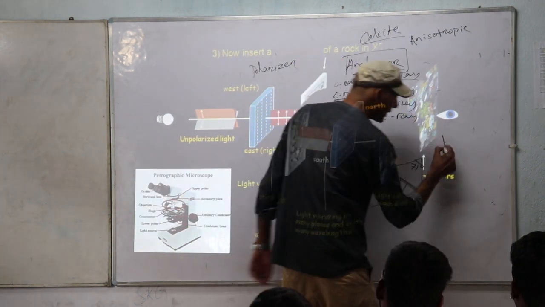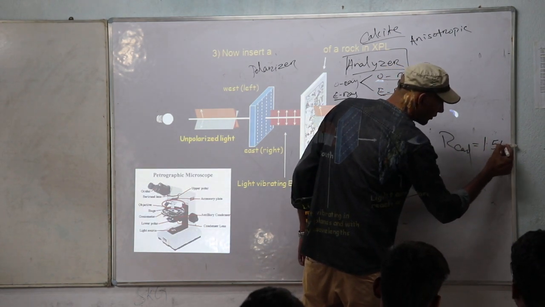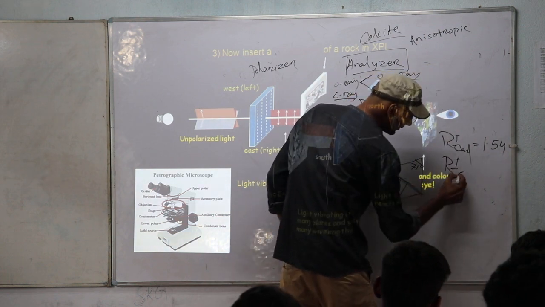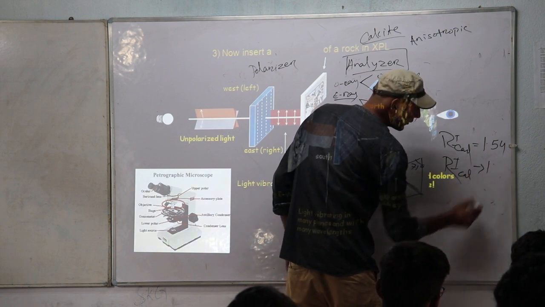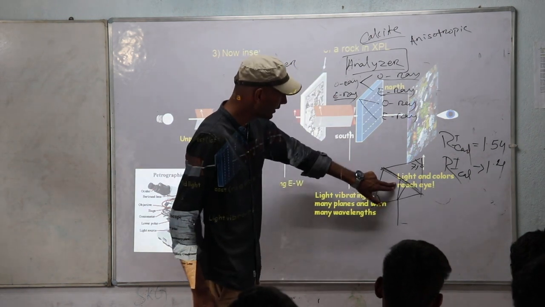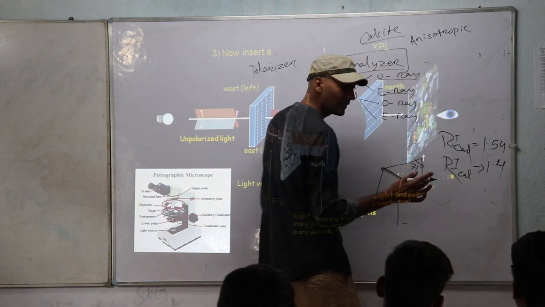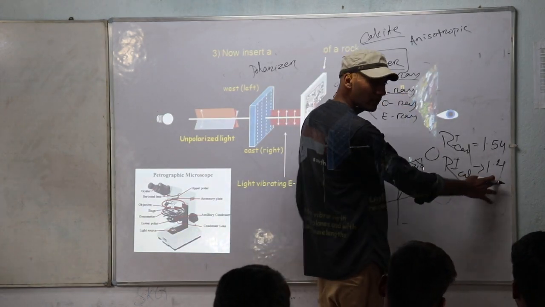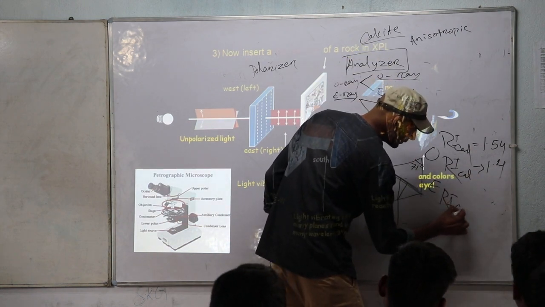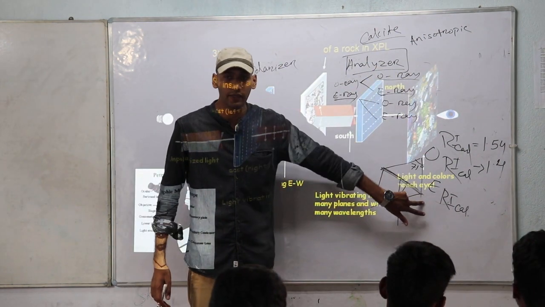So what is the refractive index for Canada balsam? 1.54. What is the refractive index for calcite? 1.4. Right. For the mineral, the refractive index is defined for 2 different rays.